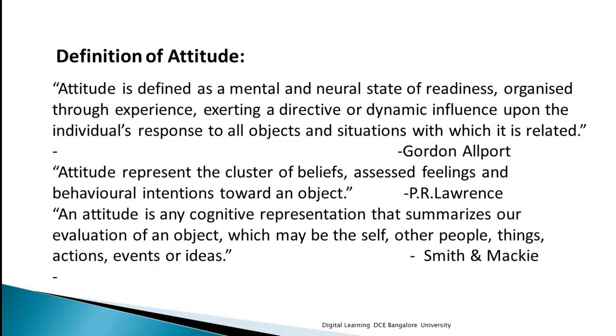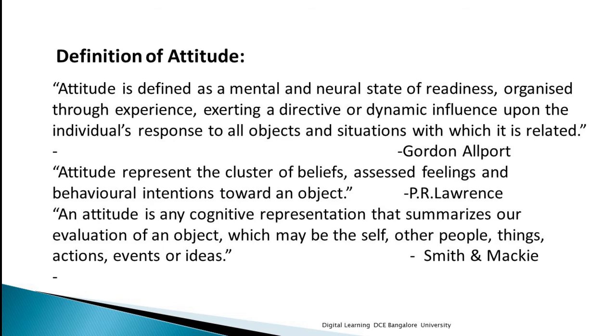his beliefs and feelings. Smith and Mackie define attitude as any cognitive representation that summarizes our evaluation of an object, which may be the self, other people, things, actions, events or ideas. So as per Smith and Mackie, it is the cognitive representation.